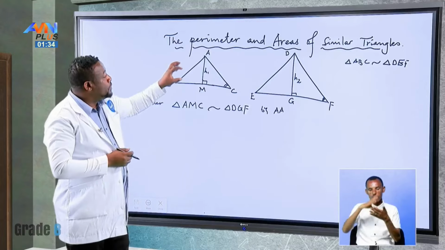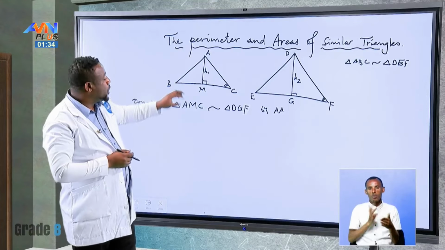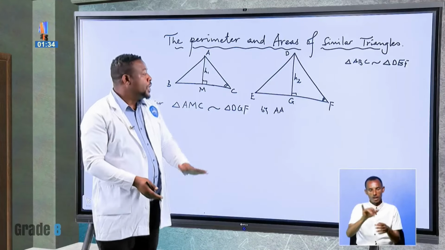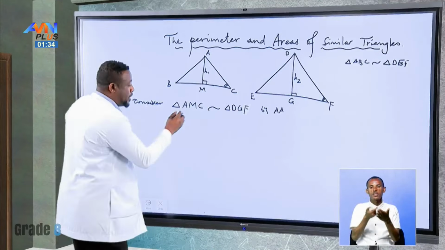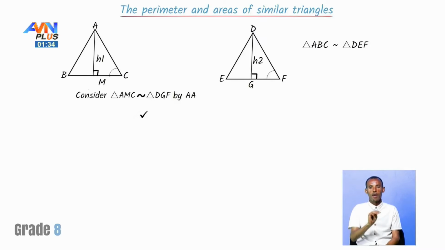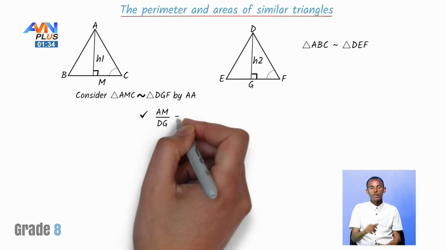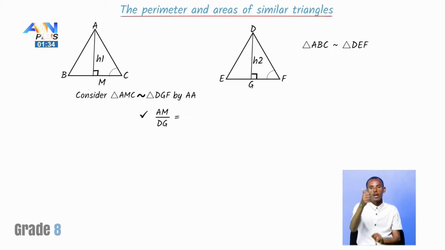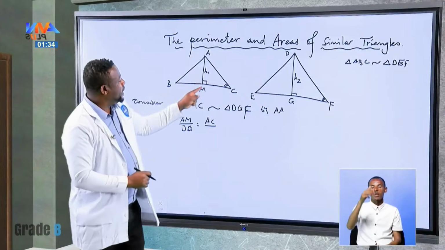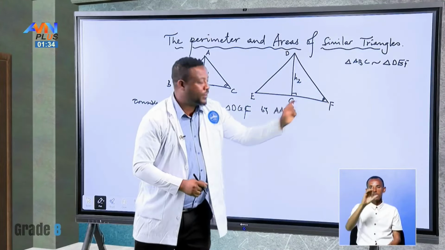So from this figure, we can extract two similar triangles. If these two are similar, we can say that AM over DG is equal to AC over DF, right?